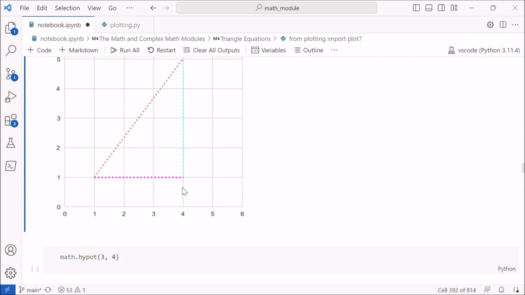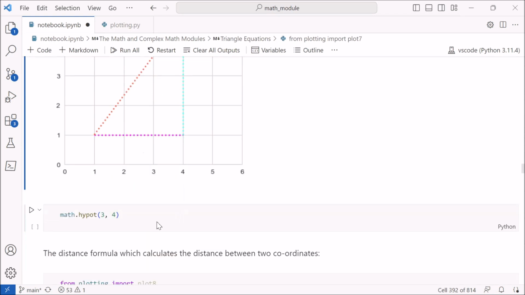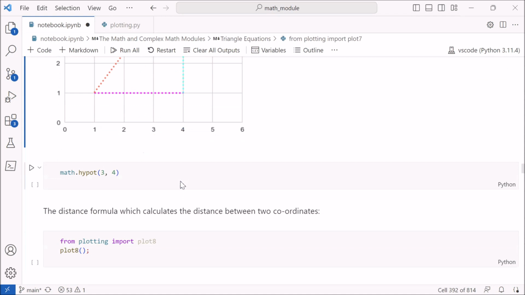So notice for this, because it's plotted on grid lines, you can basically measure the length of this as 1, 2, 3 boxes. That's the length along x, and 1, 2, 3, 4 boxes is the length along y. You can't measure this directly using boxes because the boxes aren't in the same orientation as the hypotenuse.